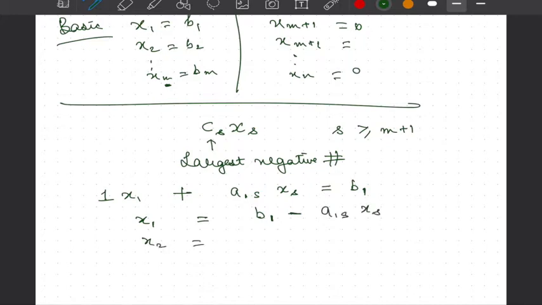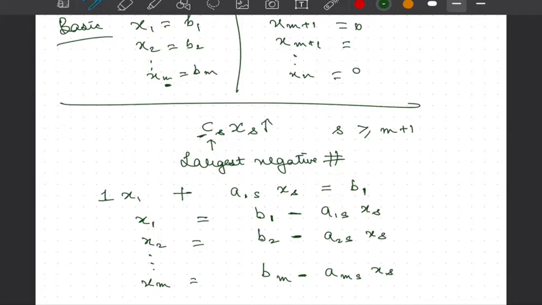Our x2 is equal to b2 minus a_2s x_s. Our x_m is equal to b_m minus a_ms x_s.